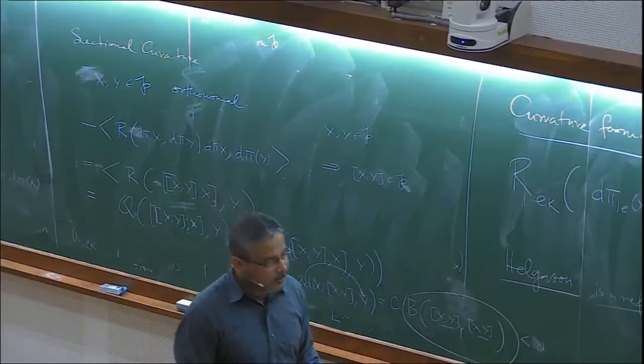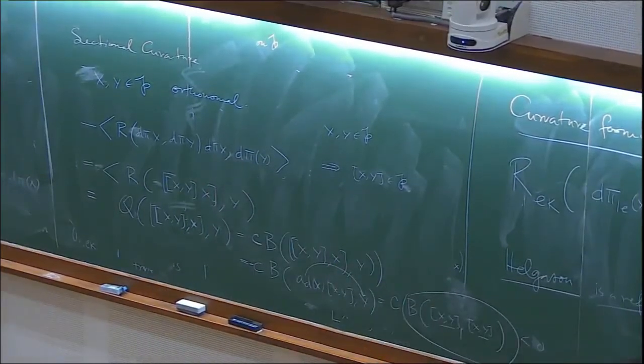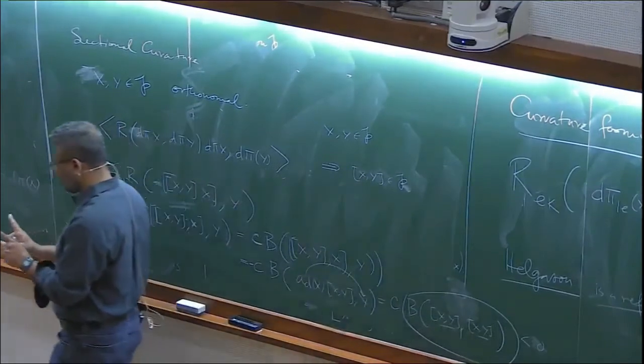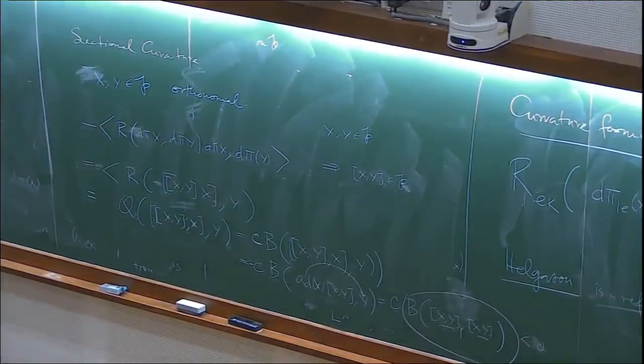So this tells me that it may have variable curvature, and the sectional curvature of the plane generated by X, Y is 0 precisely when X and Y commute, or the geodesics exponential tX and exponential tY commute.